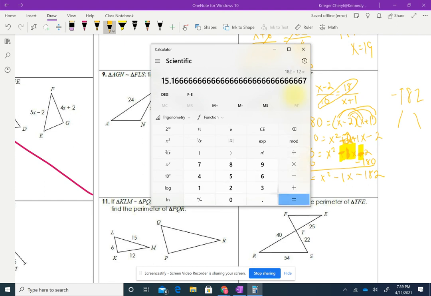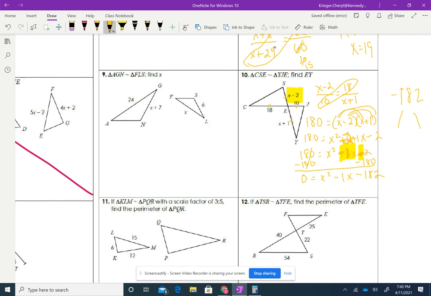How about 12? How about 14? 14 and 13 are factors, which is conveniently the answer, right? Because 14 and 13, one has to be negative to add up to negative 1. So 14 and 13, which one do I want to be negative? Negative 14, positive 13. Okay, so 0 equals x minus 14 times x plus 13.